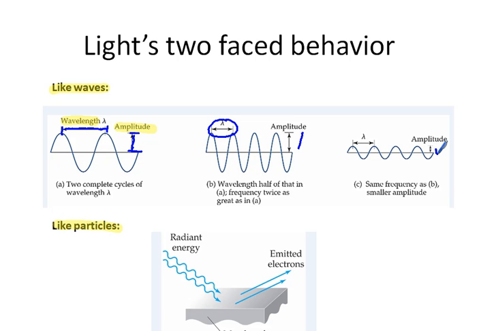And we call something that we use to turn up the volume on things an amplifier, because the louder you turn something up, the more it is amplified. In this picture down here, we have the light behaving like particles, and you've got some radiant energy, which is like from the sun, hitting a piece of metal, and it's shooting off electrons, okay?